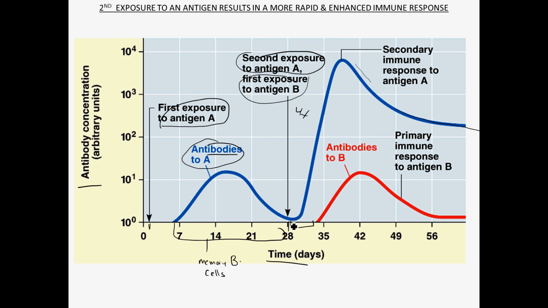Again, you get this little lag time, and this is now making more memory B cells that are specific for antigen B, and you start churning out antibodies to B. The same pattern occurs. So upon secondary immune response, you get an elevated level of antibodies that then remain elevated. And those antibodies are binding to the pathogen, binding to the antigen, preventing any sort of infection.